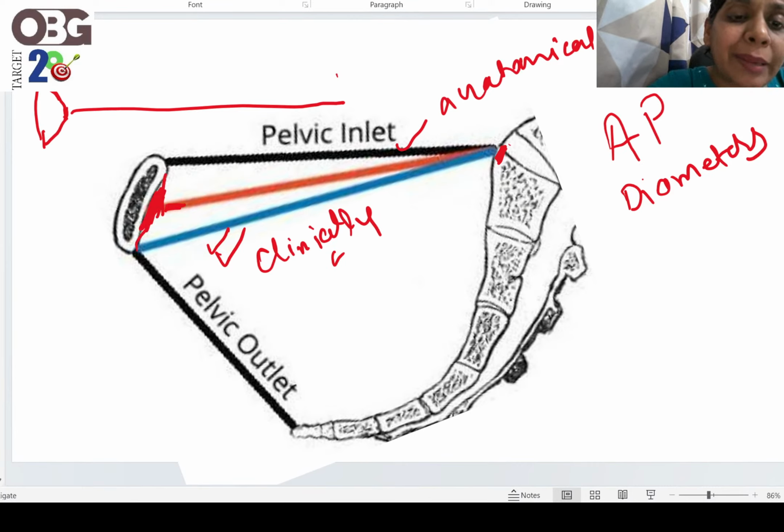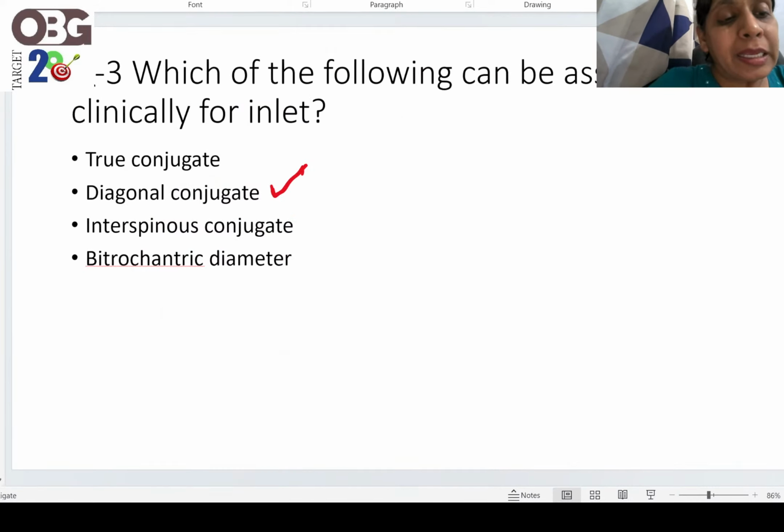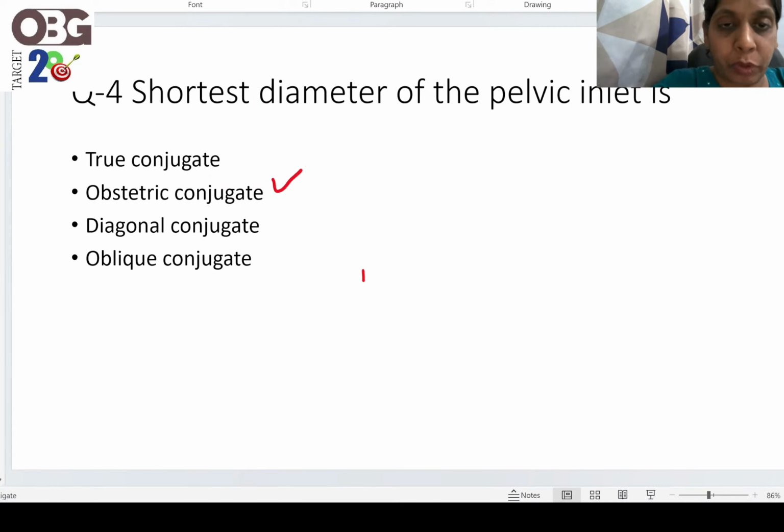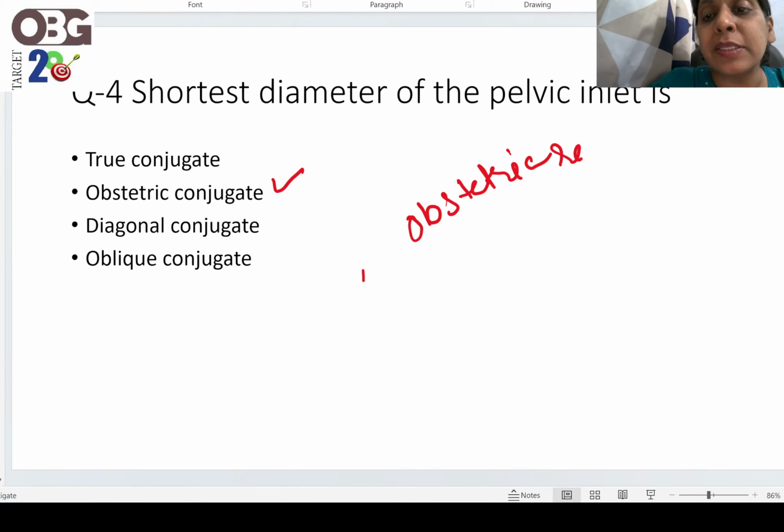So the middle diameter, the obstetric conjugate diameter, is the shortest diameter. That is why it is of the most clinical, obstetric relevance, because this is the shortest diameter.